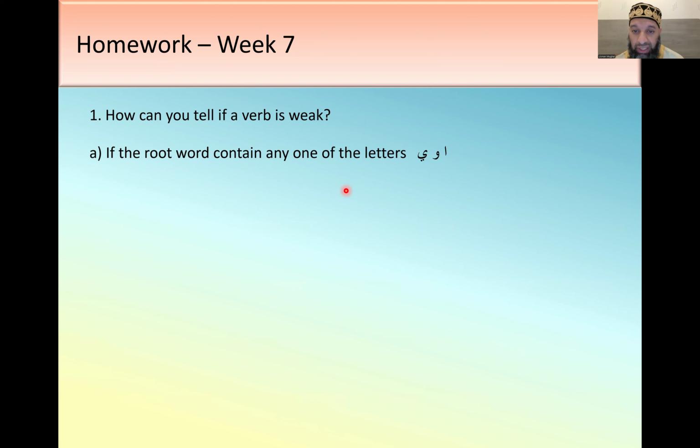The second way to tell is if the second and third root letters are the same, like the verb ضل, which means astray, ضالين, where there is a dad and then a lam and then a lam. Because the two letters that are the same are the second and third root letters, that verb is also weak. So that's that one.